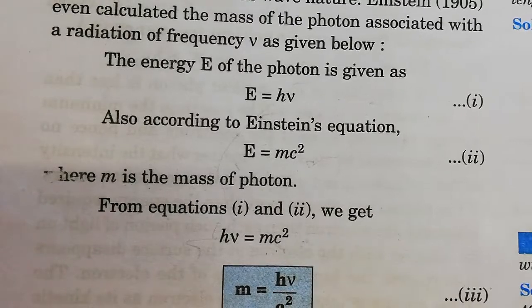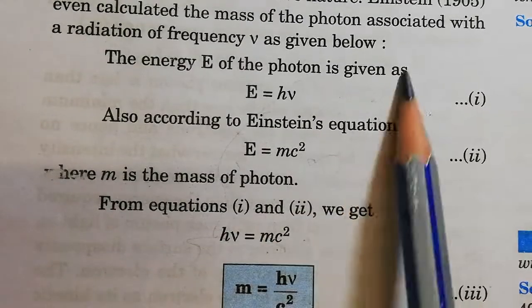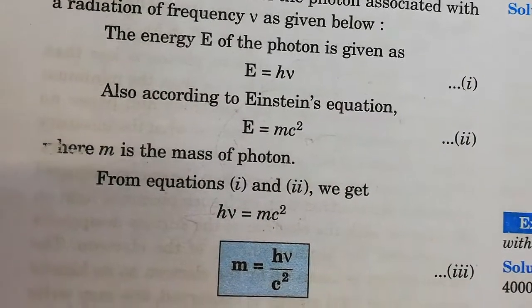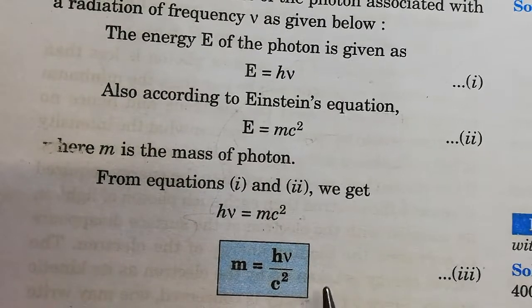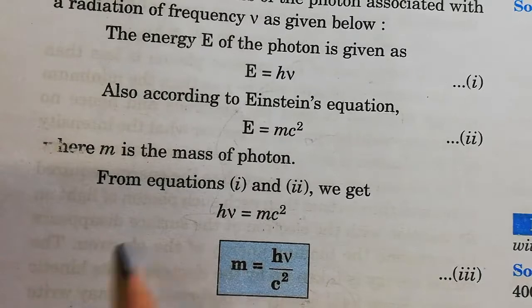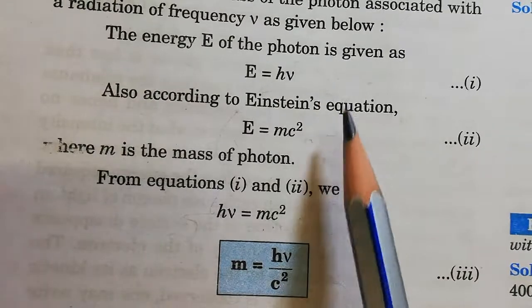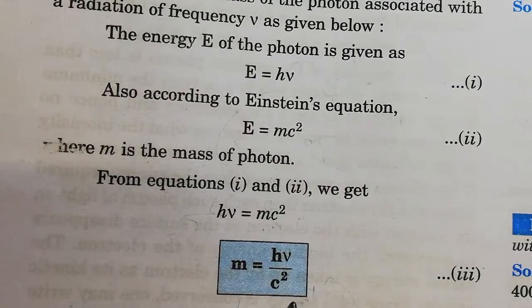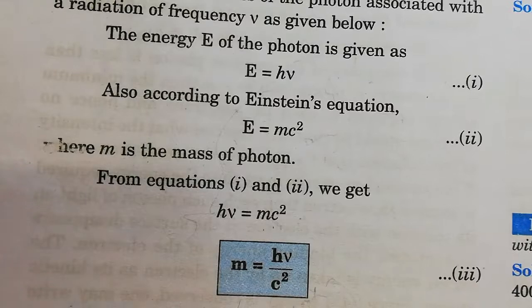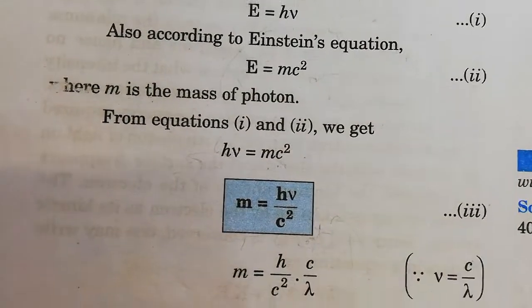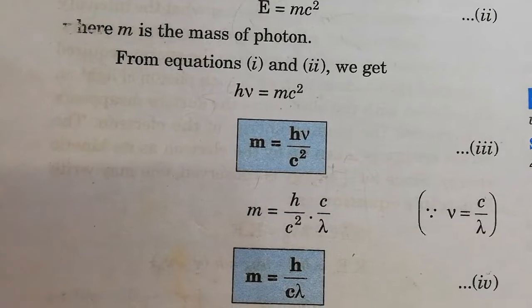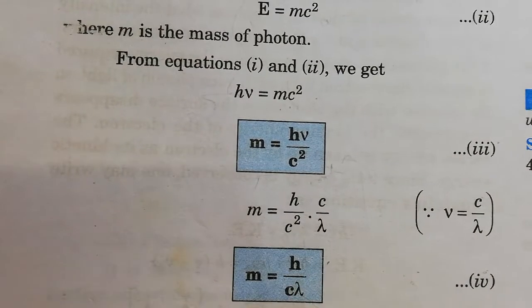You all are requested to do this kind of derivation by yourself. Just do not just watch; do and watch simultaneously. Combining these two equations, we get m equals h nu by c square, and another form is m equals h by c lambda.